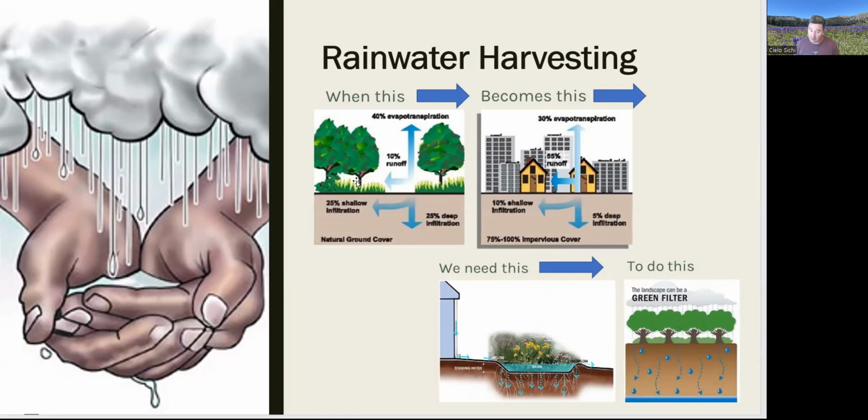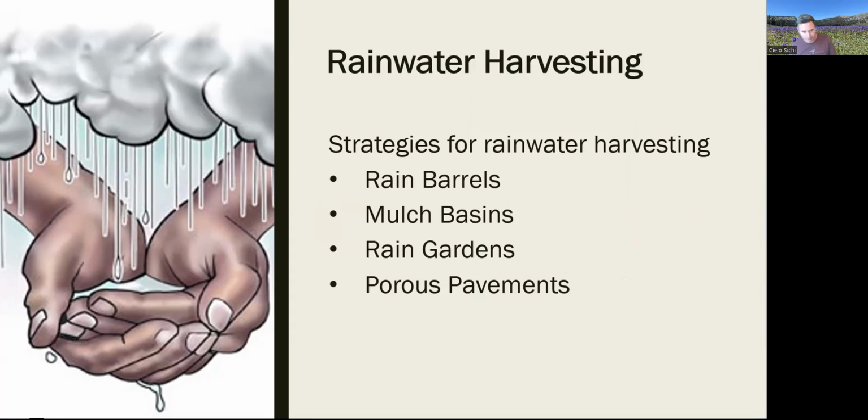So when our natural ground cover settings become urbanized ground cover settings with high impervious coverage, high runoff volume, and high pollutant loads, anywhere that we possibly can in our landscapes, on our properties, to correct that and minimize that, we're benefiting our waterways. Okay, so we're going to go through those strategies. Strategies that we're going to talk about are rain barrels, mulch basins, rain gardens, and porous pavements or permeable paving.